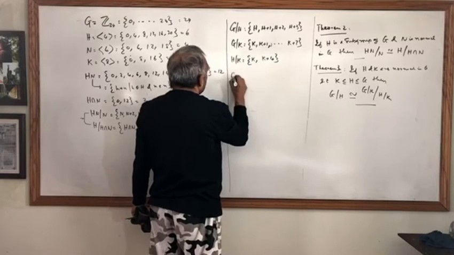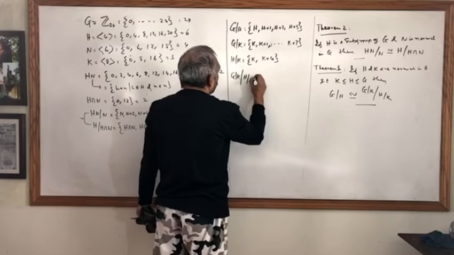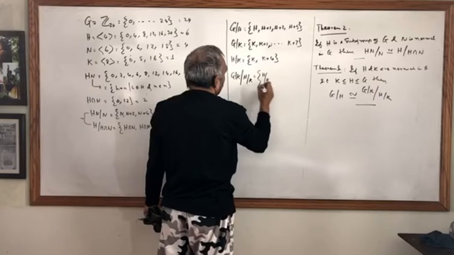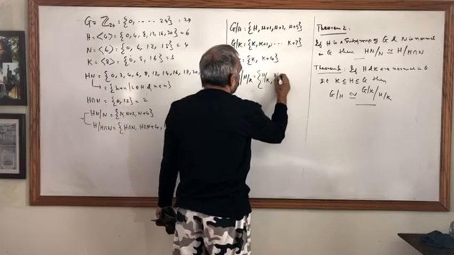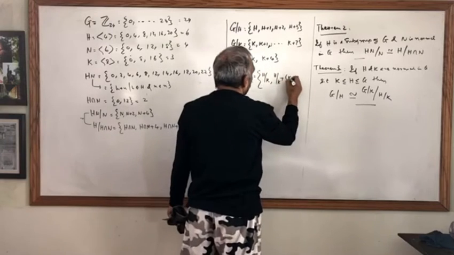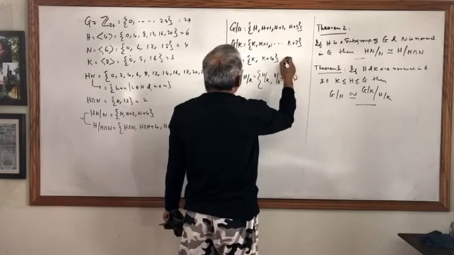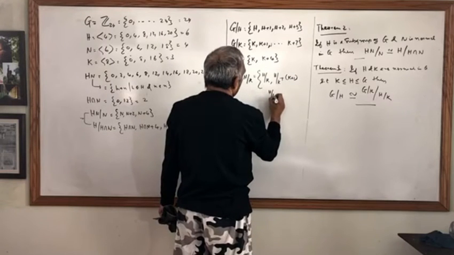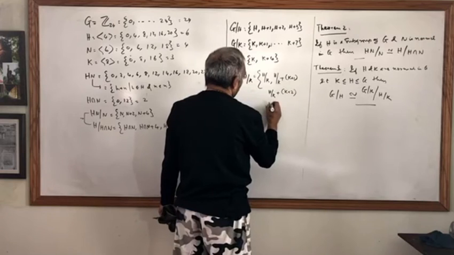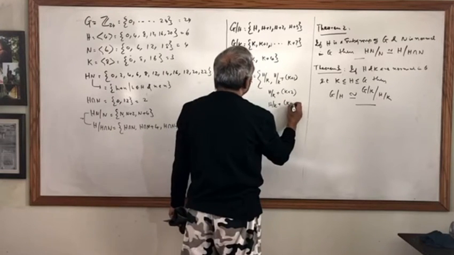So G over K over H over K will have 4 elements, and that is H over K, H over K plus K plus 1, H over K plus K plus 2, H over K plus K plus 3.